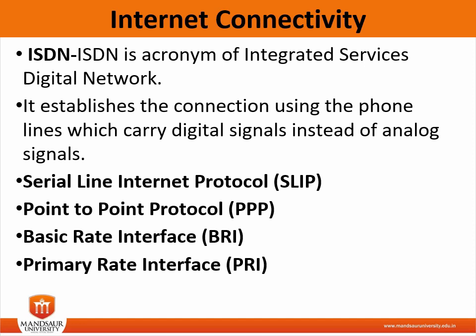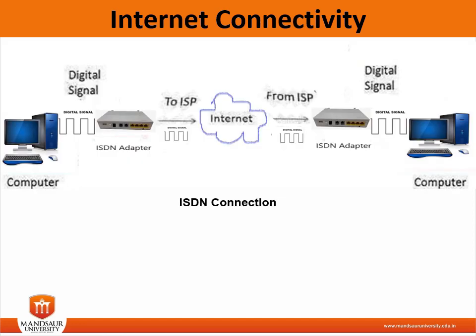Now see, this is the diagram for the ISDN. In this ISDN connection, it consists of the ISDN adapter, which acts as a mediator between the ISP lines and the digital signals to the computers.